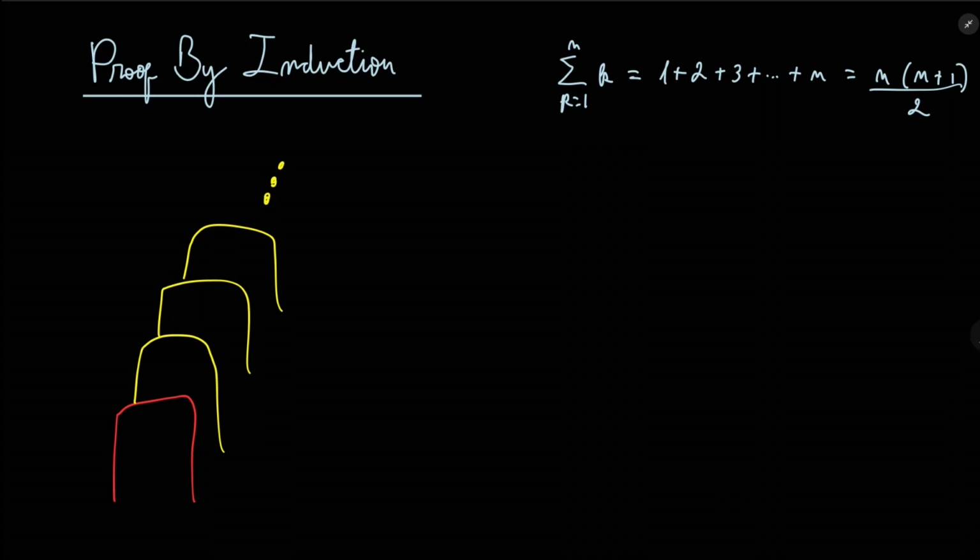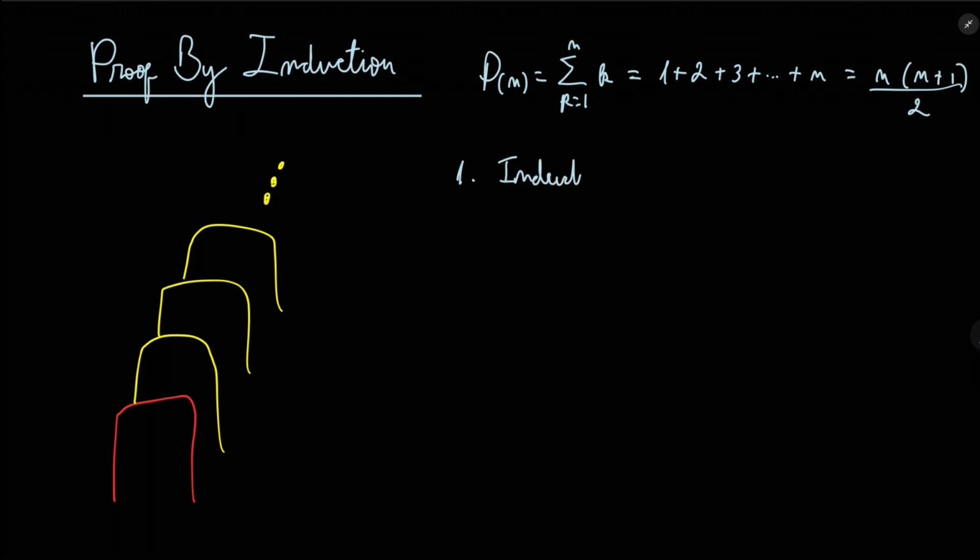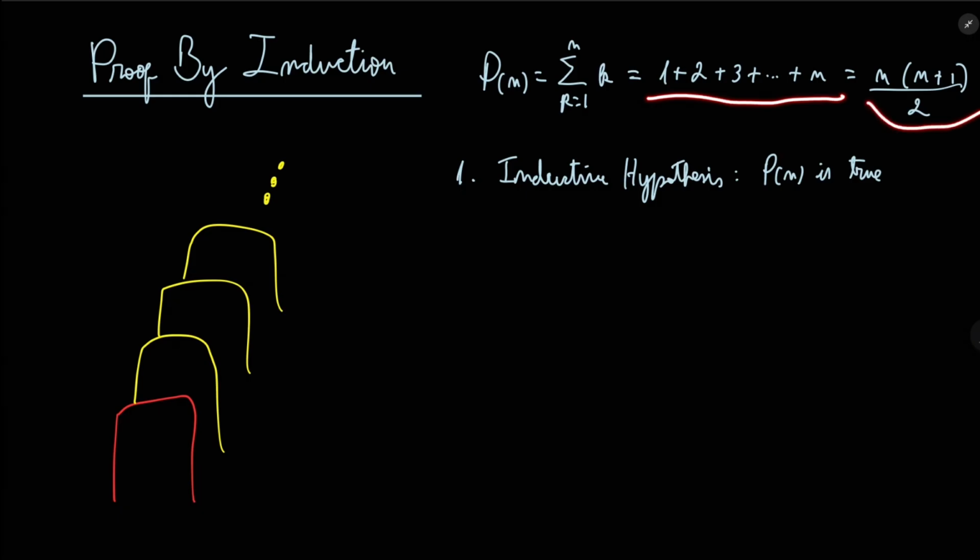Cool, so this statement is our P of n. So our inductive hypothesis is: assume P of n is true for some arbitrary n, which means we are allowed to use the fact that 1 plus 2 plus 3 plus ... plus n equals n times n plus 1 over 2.